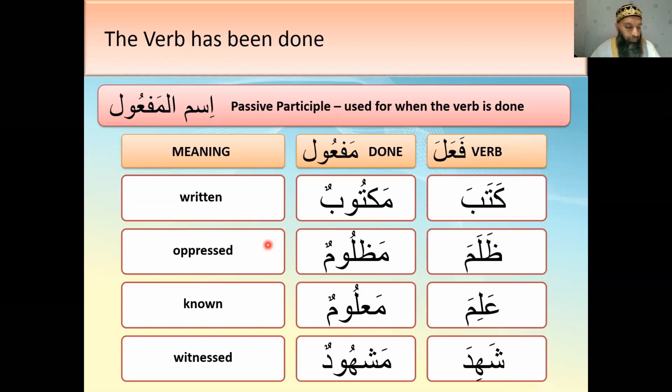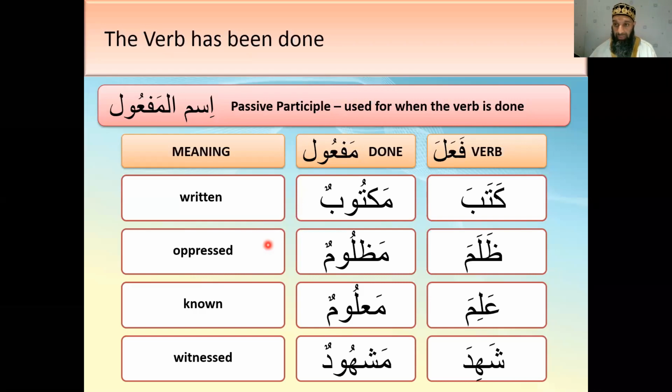So you might see some. Let's just see if there's any other words that we already know of. We've done mazloom. So fataha, what's fataha mean? You must know what fataha means now. To open. So put open in the maf'ul machine. Fataha becomes maftuh, maftuhun.